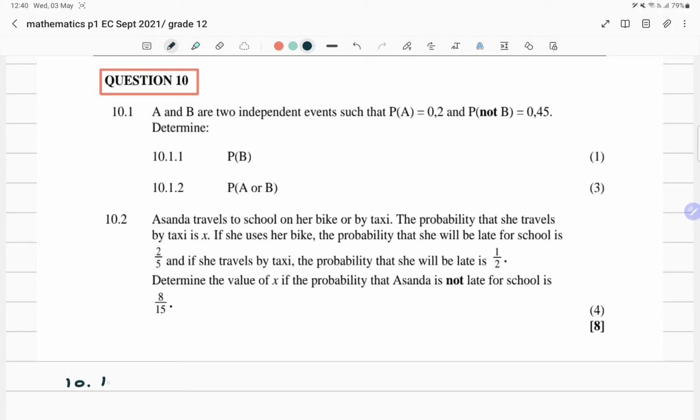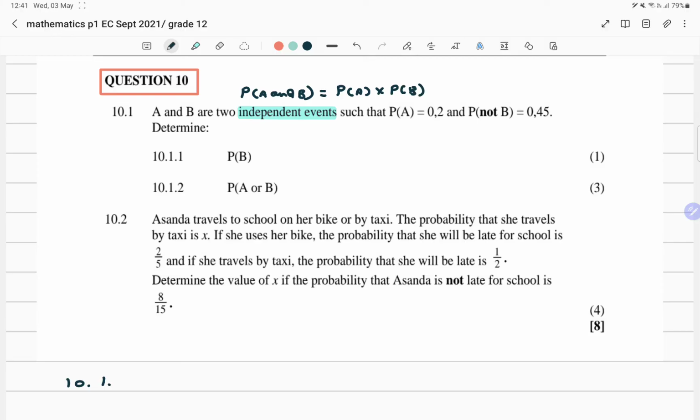So 10.1. We're told A and B are 2 independent events. So once you are told this, what does that mean? It means the probability of A and B, we're using the product rule, is going to be P(A) multiplied by P(B).